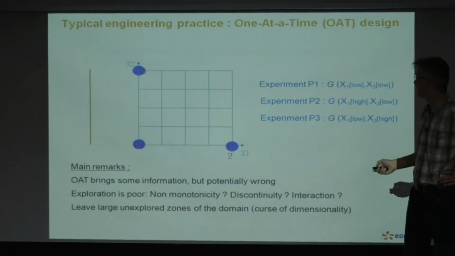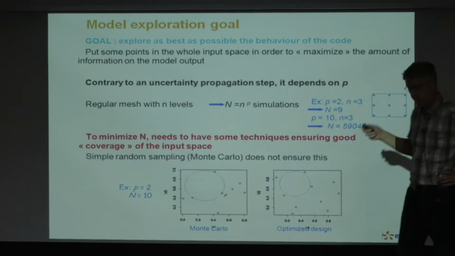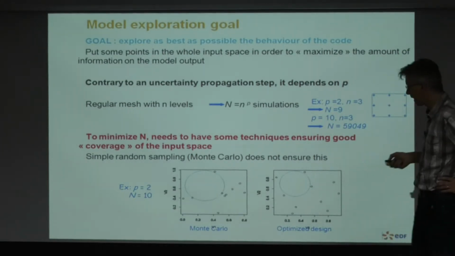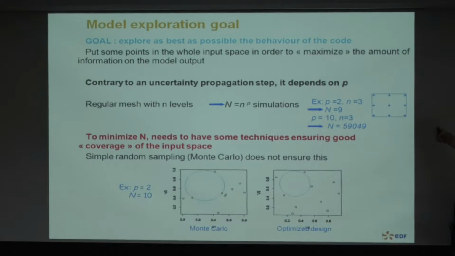So, the model exploration goal, we have to define it. First, I will define it in words, and after, I will define it mathematically. So our goal is to explore as best as possible the behavior of the code or the system by putting some points in the whole input space in order to maximize the amount of information on the model output.